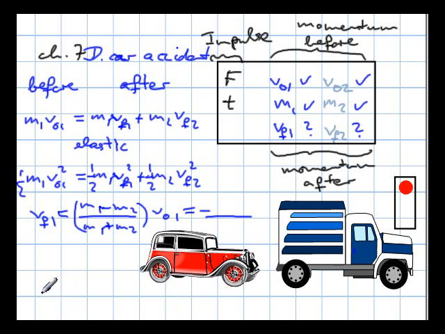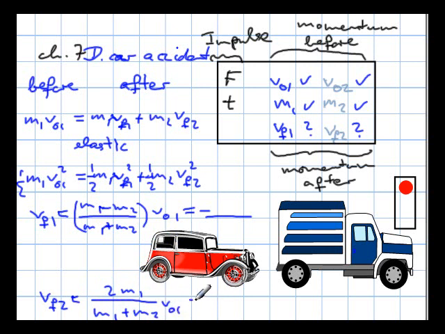Okay, for the other one, vf2 for the van, that equals 2 times mass 1, and all I'm doing here is using that example where they already did the algebra for us and just writing this down again, over (m1 plus m2), times v01.